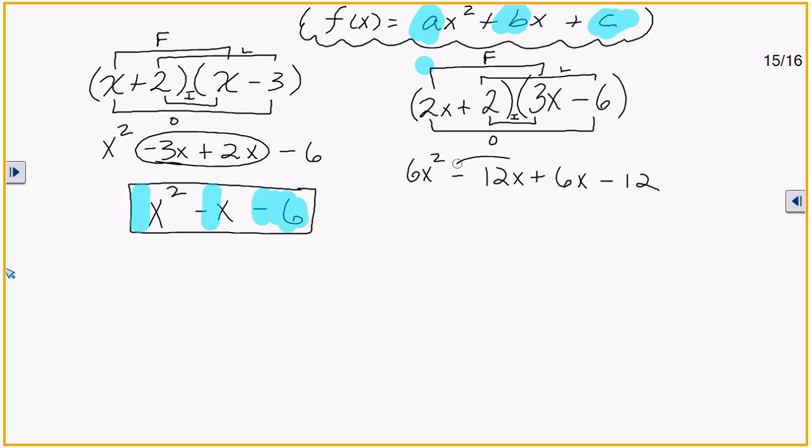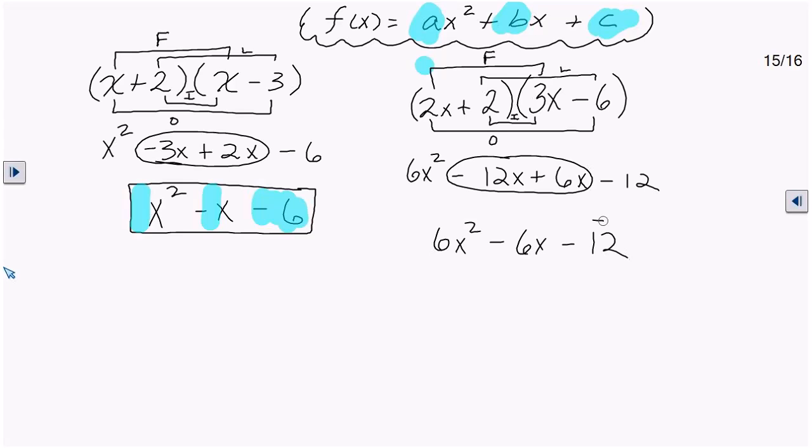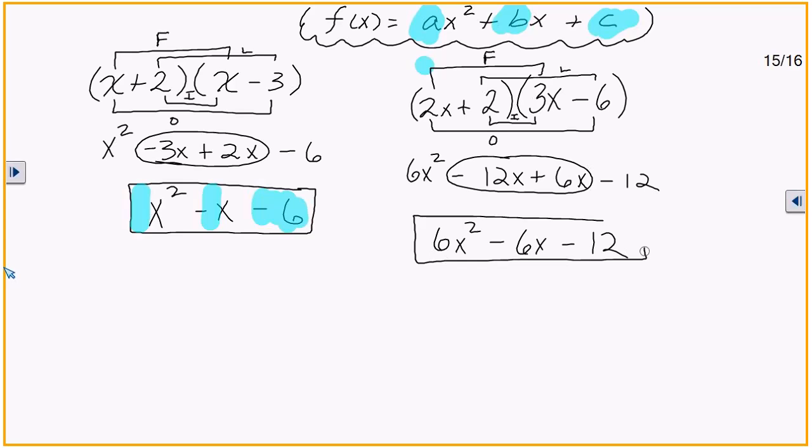And these two right here usually combine. And you get 6x squared minus 6x minus 12. There's two good examples of the FOIL method.